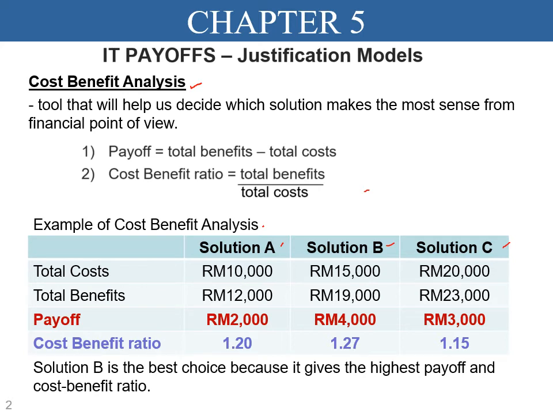To calculate the payoff using the mathematical model, just subtract the total cost from the total benefit, and you get 2,000 for solution A, 4,000 for solution B, and 3,000 for solution C. And you can also get the cost-benefit ratio by using this formula, and you get 1.20 for solution A, 1.27 for solution B, and 1.15 for solution C. From this table, you can see that solution B is the best choice because it gives the highest payoff and cost-benefit ratio.